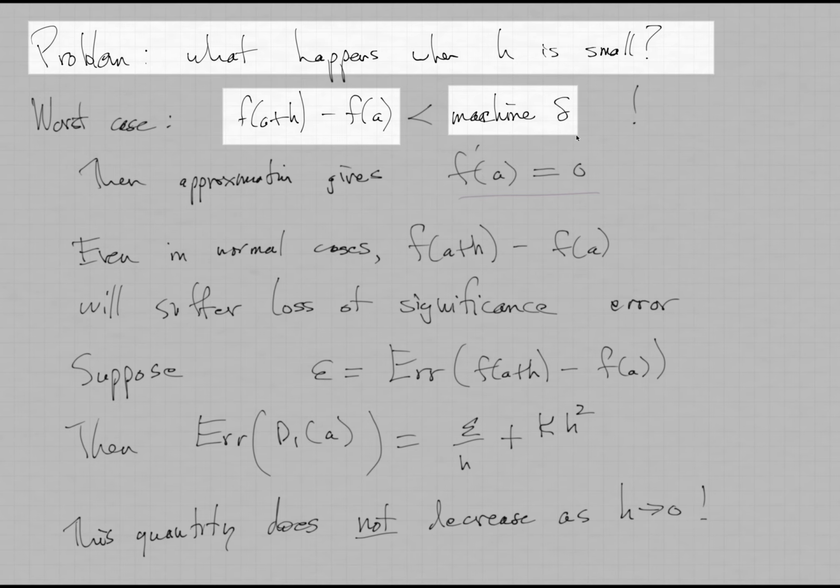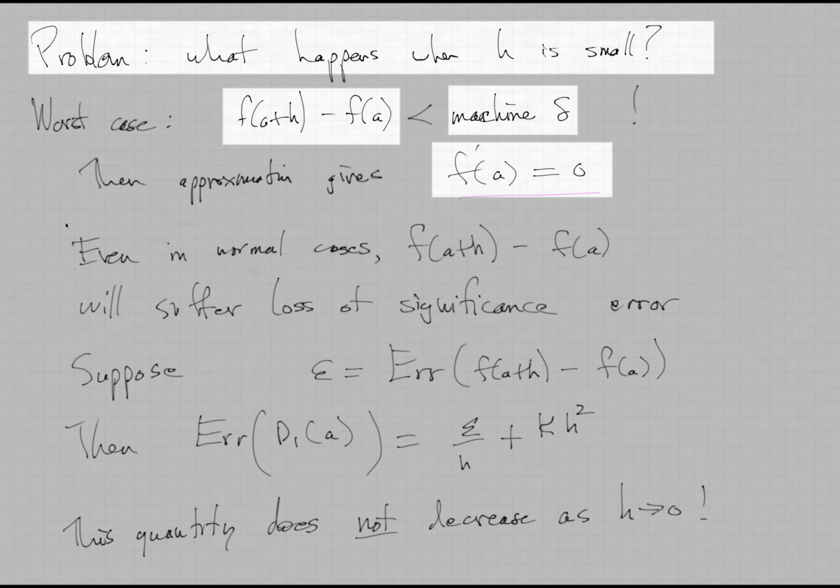It's too small to even be represented on the computer. If that happens, then our formula is going to give us an estimate that f prime of a is 0. And f prime of a may be nothing remotely close to 0, but that's what we'll get if the difference between f of a plus h and f of a happens to fall below the machine delta.